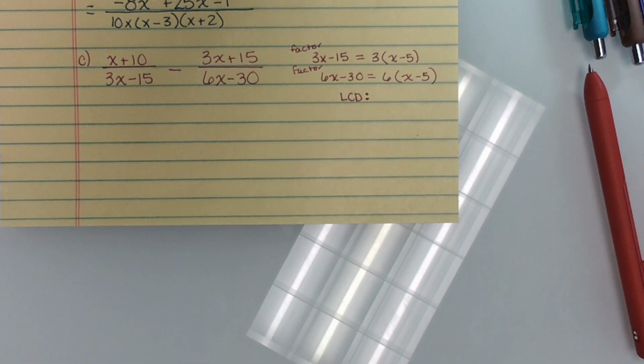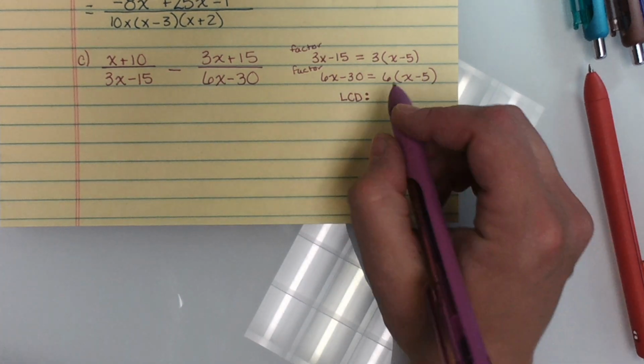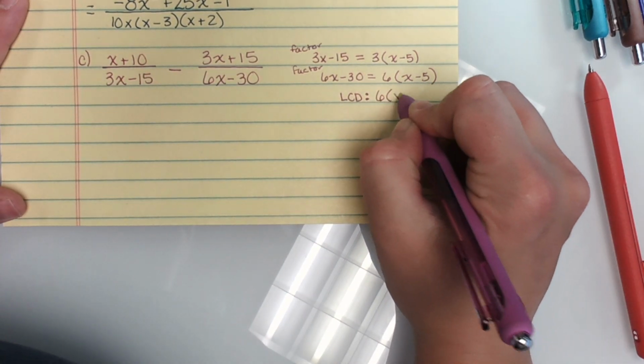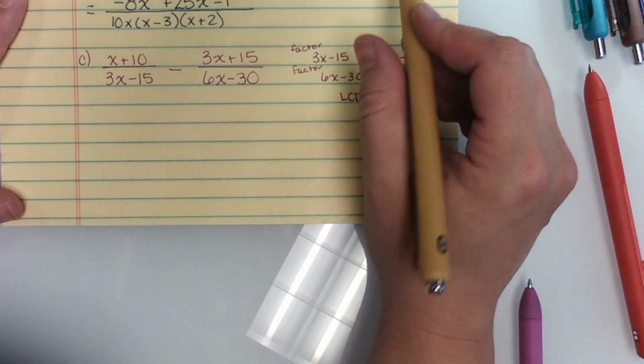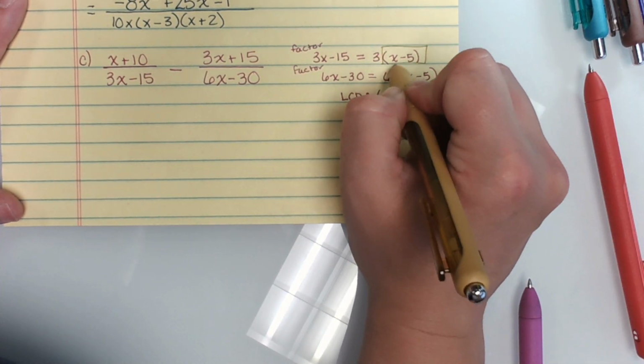What is our least common denominator? 6 and an x minus 5. 3 and 6 can both in some way or another become a 6, and they have in common the x minus 5.